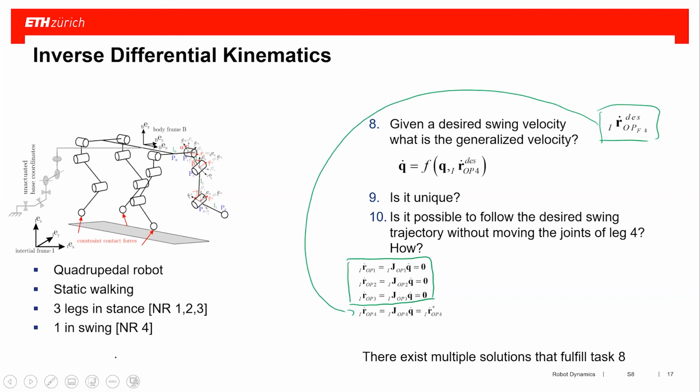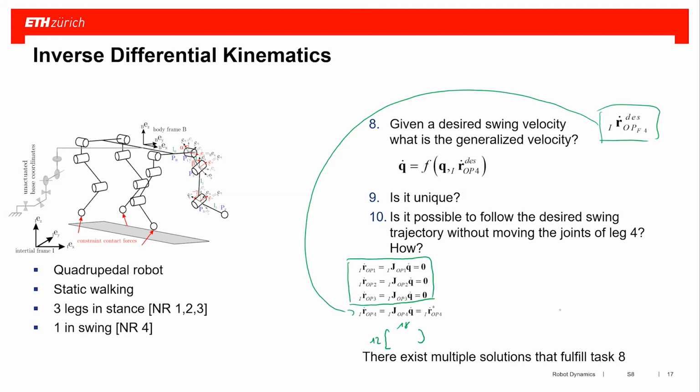So if I look at the stack of that, we have now a J which has 4 times 3, so equal to 12 constraints, but I have 18 in q-dots. So I still have a redundancy in here. So if I would just do inverse differential kinematics with that, I had an infinite number of solutions.